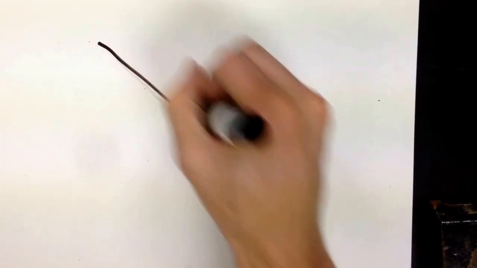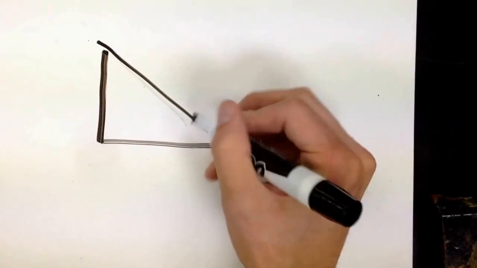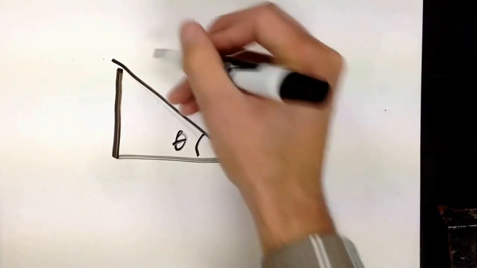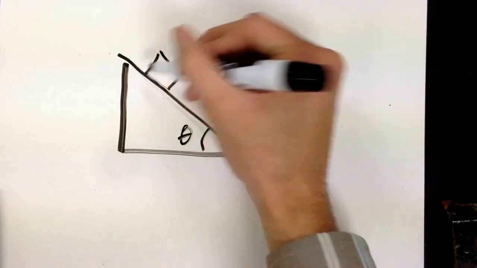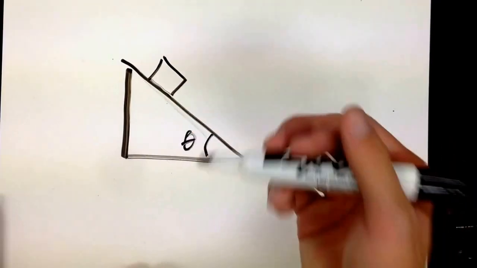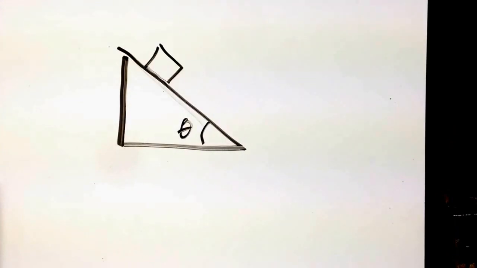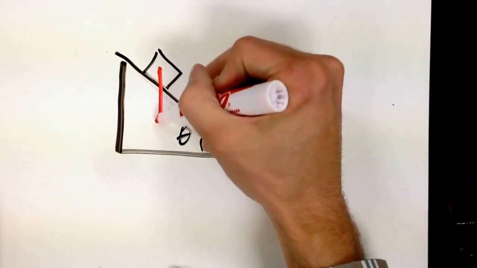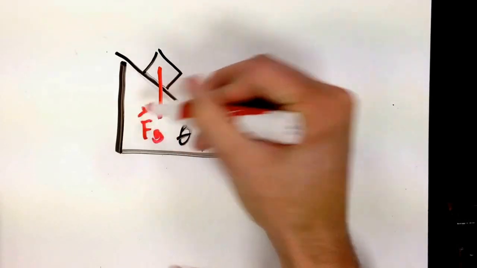is one where you've got an inclined plane and you've got a block on it, either at rest or sliding down. If it's at rest, there is still always that block's weight vector, and its weight vector is always going to be straight down, Fg.